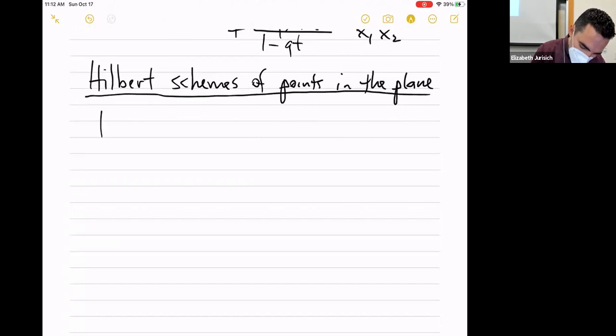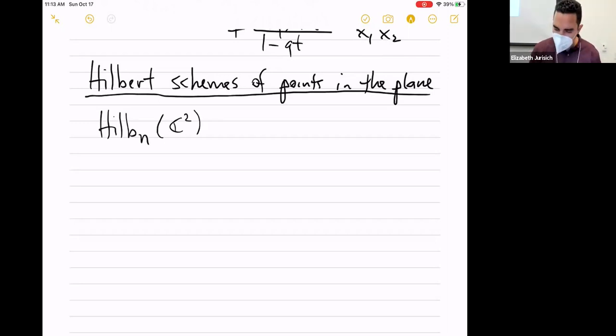So Hilb n of C2. Yeah, n is fine. There's a general theory of Hilbert schemes, not just of points, but the basic idea is that these are schemes that parameterize subschemes of a given thing.